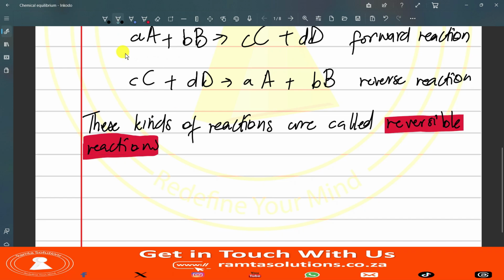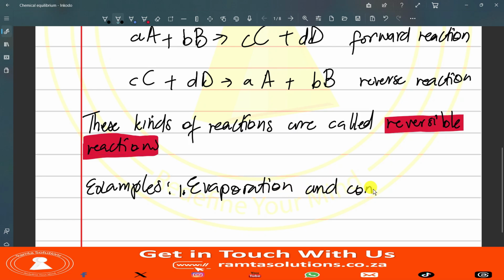Okay, so examples of reversible reactions are, in a closed system, you can have evaporation and condensation. Now let's get to biology.